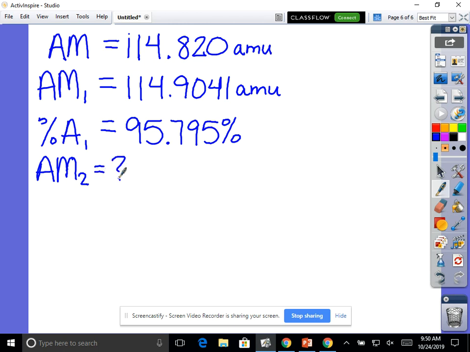And the other information that I can gather is the percent abundance for isotope 2, because remember that all of my percents have to add up to 100.